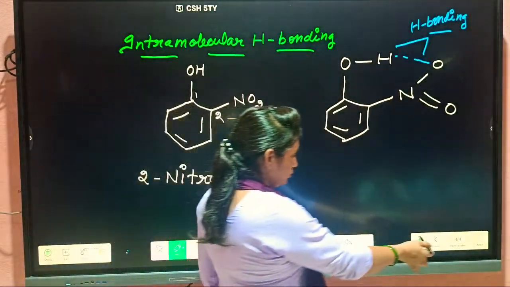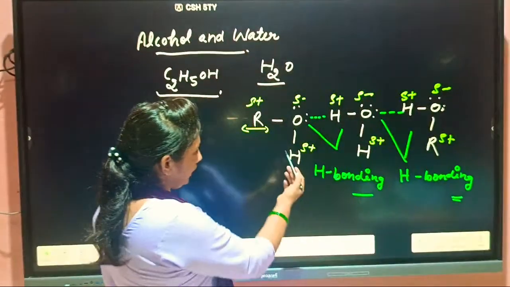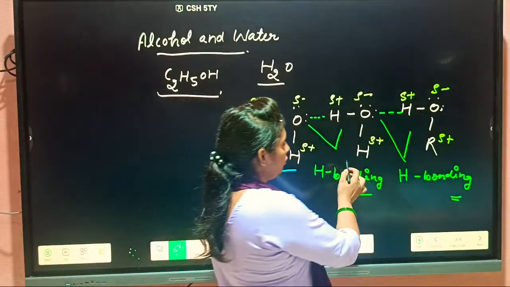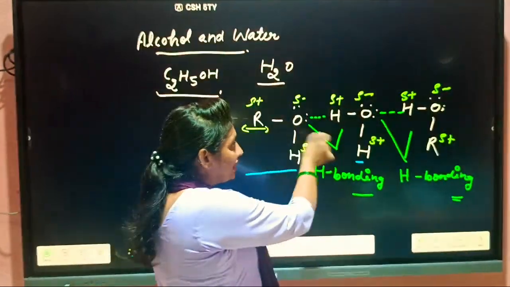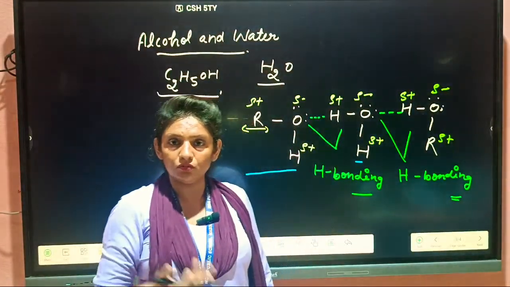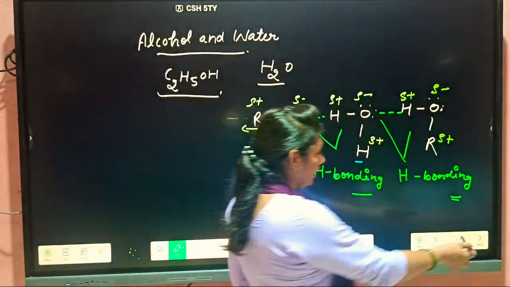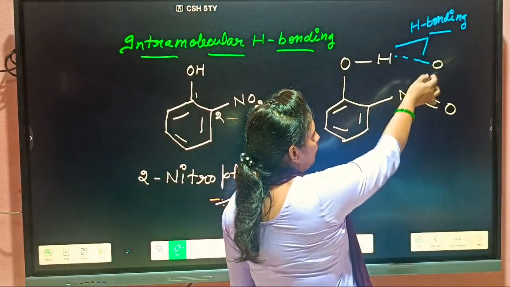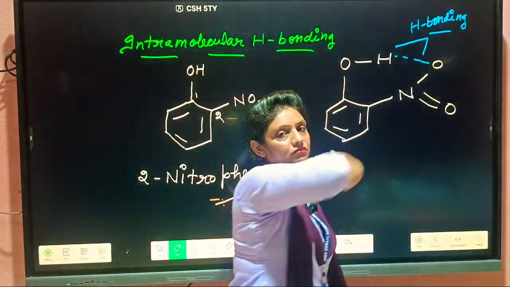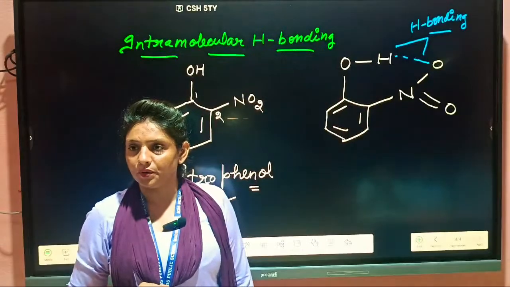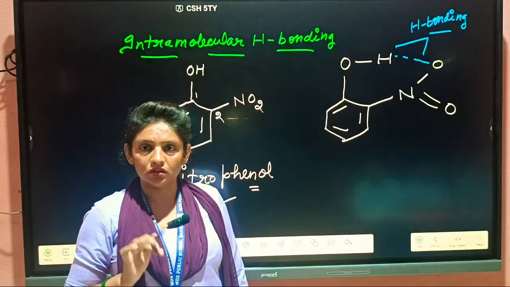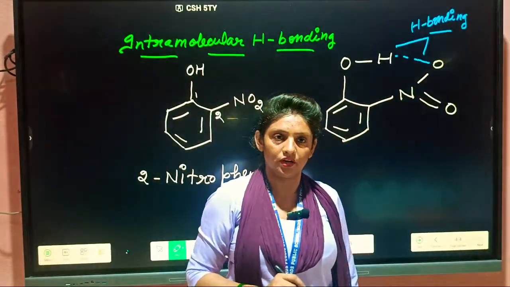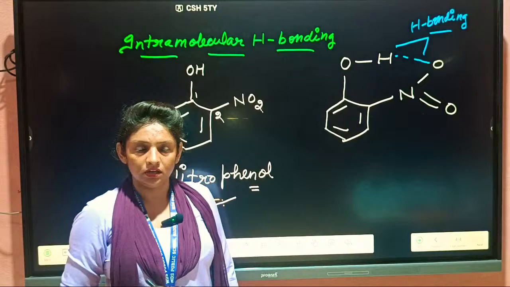So, in case of intermolecular hydrogen bonding, one alcohol molecule and one water molecule, the molecules are different, two or more molecules are there. But in case of intra, hydrogen bonding is taking place only in one molecule, one compound. It is clear to you or not? So this is known as intramolecular hydrogen bonding. Any doubt in this? Yes.